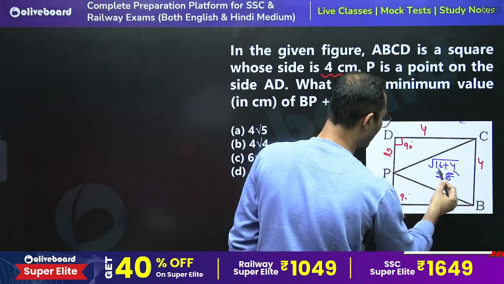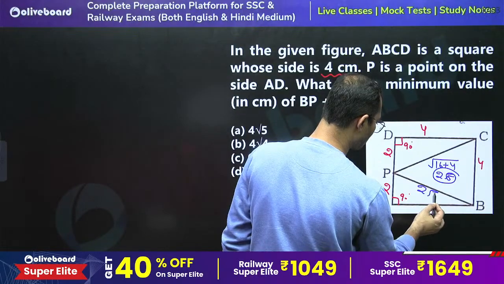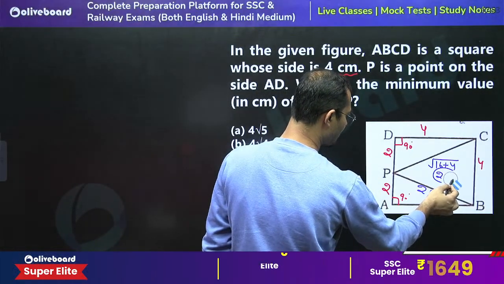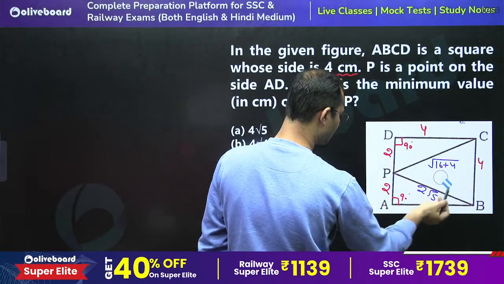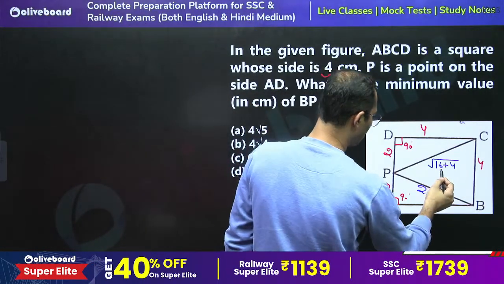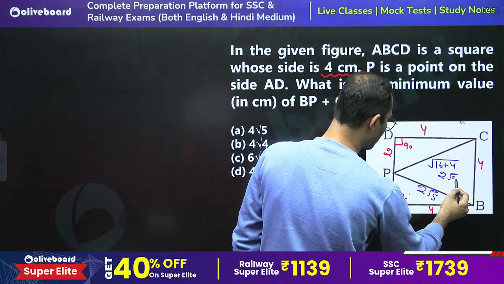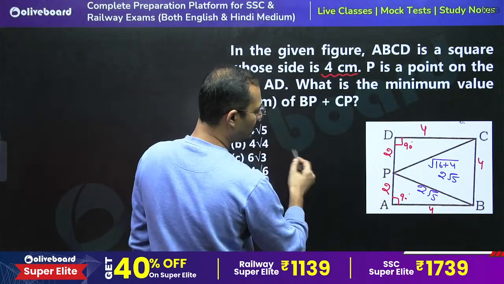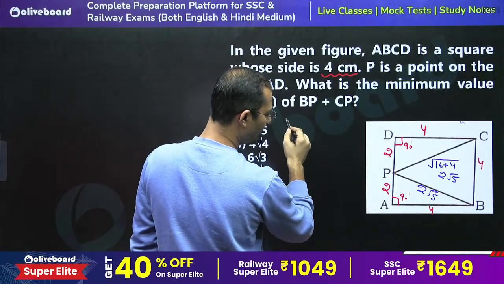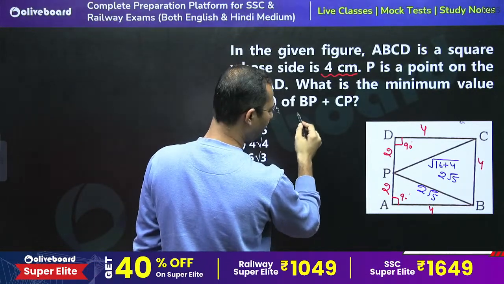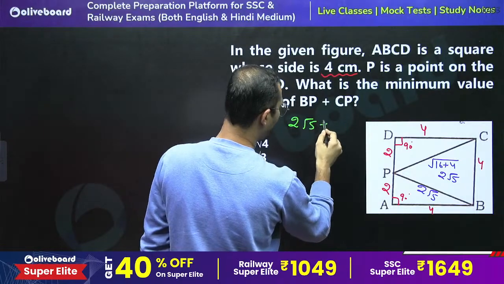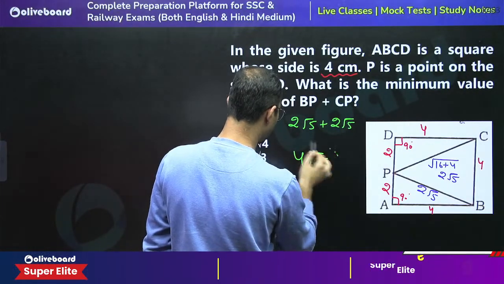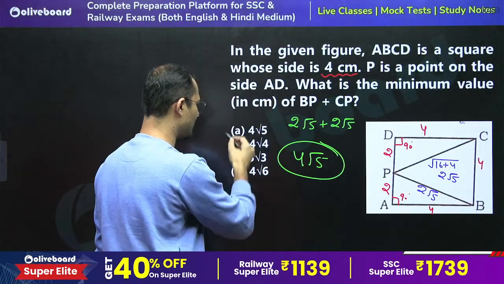So this is also 2 root 5. So we can easily say that BP is 2 root 5 and CP is also 2 root 5. So simply 4 root 5 is the right answer.